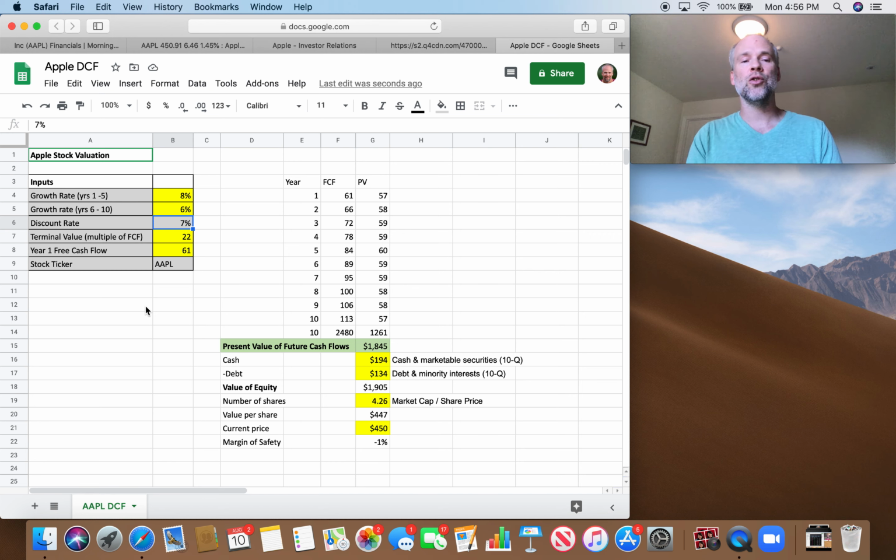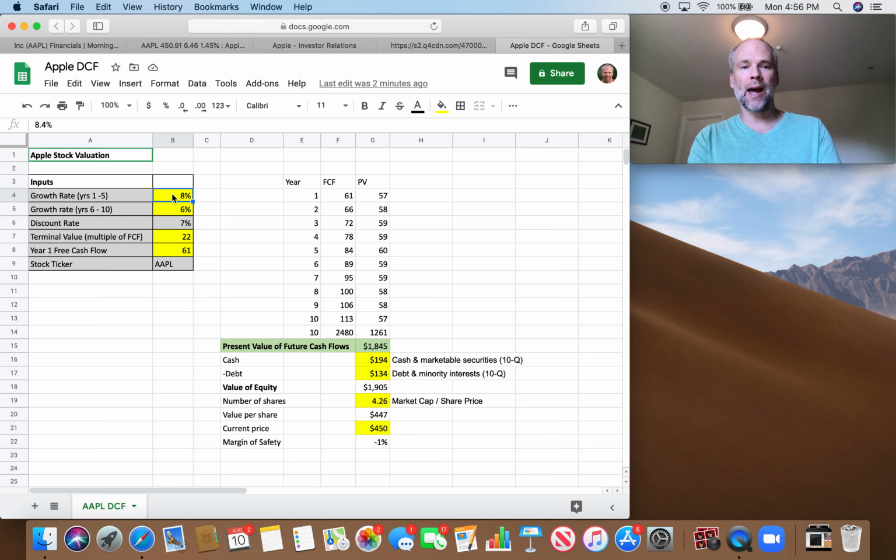So it's really important to do valuation where you're using the numbers that are most rational to you, and you're not being swayed by trying to make your valuation line up with the current price, okay?